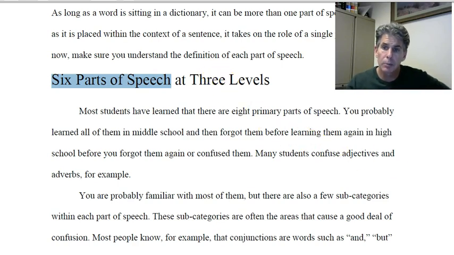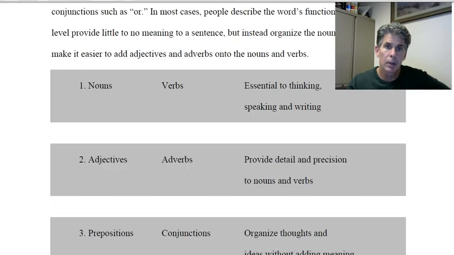Next thing I'm going to do is put them in 3 different levels. And that's getting to an idea I introduced in chapter 1, which is that nouns and verbs really are close to each other. They're brother and sister. They are essential for thinking, speaking, and writing. You have nothing to think about, say, or write if you do not have nouns and verbs. You cannot do it.